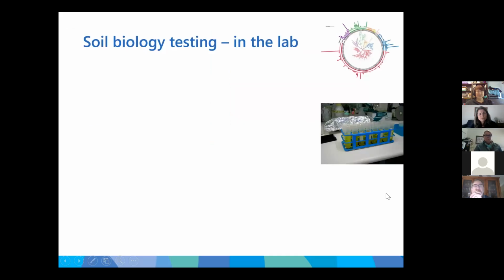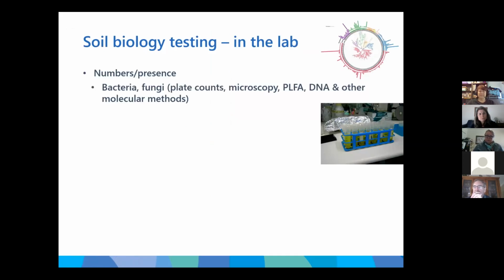Okay, this is where a lot of research has been happening, is the soil biology testing and taking a sample and bringing it back to the lab and seeing if we can understand more about biological, both the organisms in there and the activity. So there are different methods looking at the numbers of organisms in there or just presence and their species.